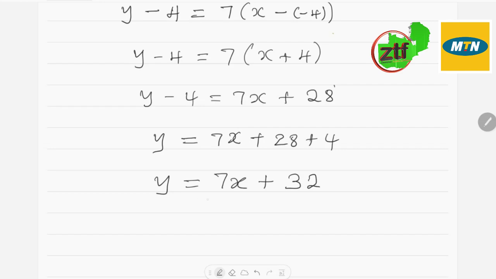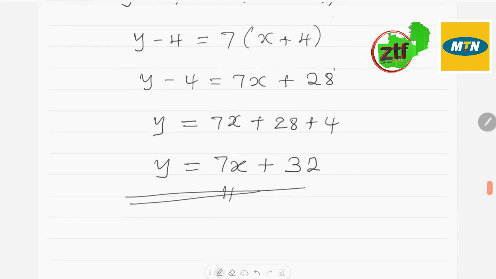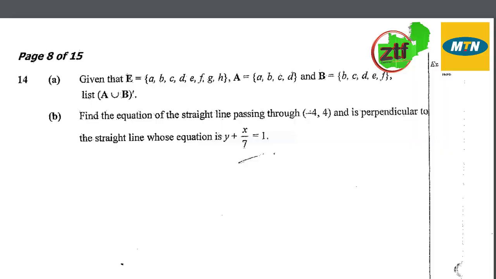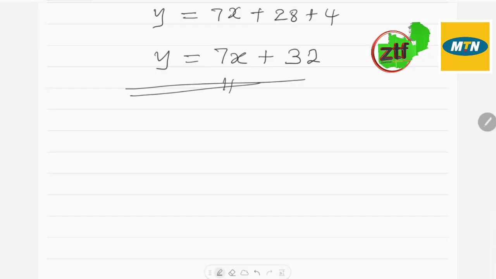Therefore, the equation that we have here is the equation of a perpendicular line, or the equation of a straight line passing through the line whose equation is y plus x over 7 equal to 1, which is the equation of the normal. So guys, if you want to find the equation of the normal, you need to remember that a normal is a line that is perpendicular to the tangent.